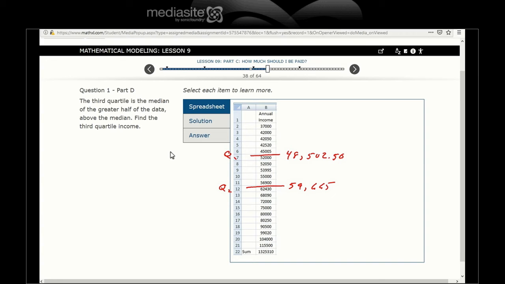To find the third quartile, it would be halfway in the upper portion above the second quartile, the median. So again, we have 10 locations, so it should be the fifth one. 1, 2, 3, 4, 5.